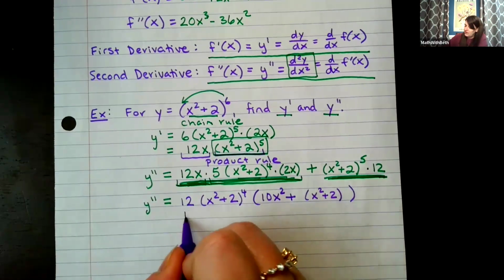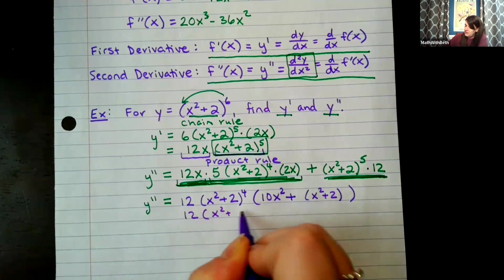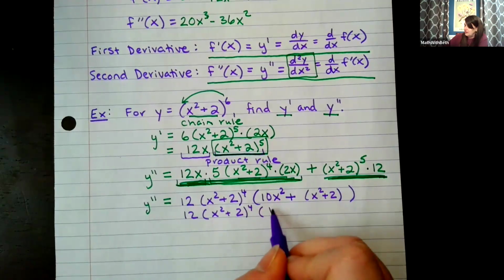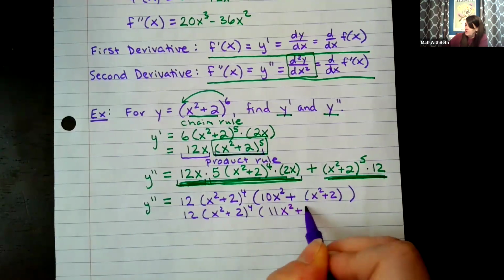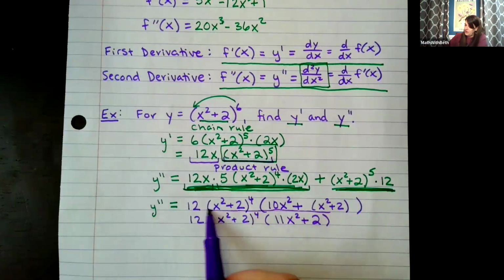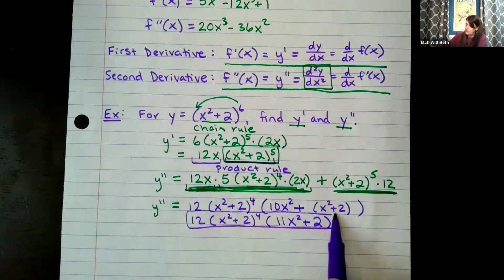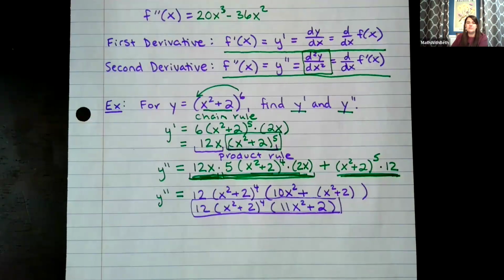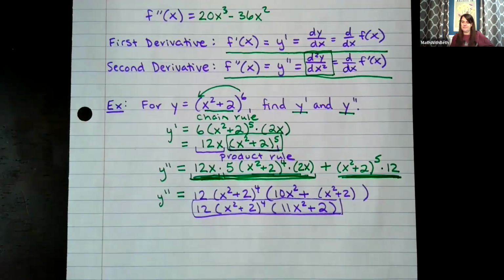So one more thing we could easily do to make this a little nicer is at least combine what we can in here to get 11x squared plus 2. So that's just one example of what kind of reducing you could do at the end when you have these really long derivatives. But that's the idea.